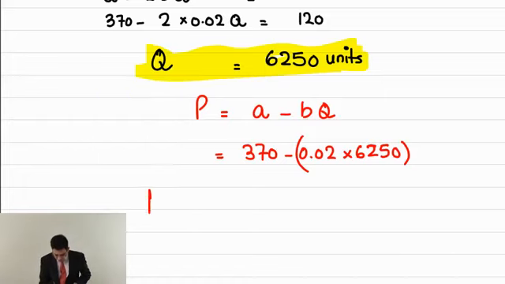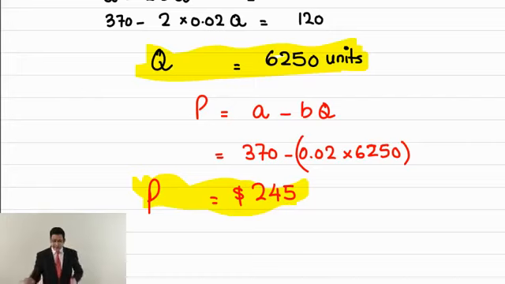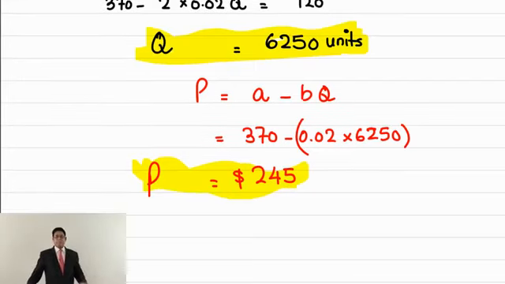And let's see how much price this gives us. It comes to 245. So what it's telling us is, if we use the demand function to develop the profit maximizing price, it will be $245.